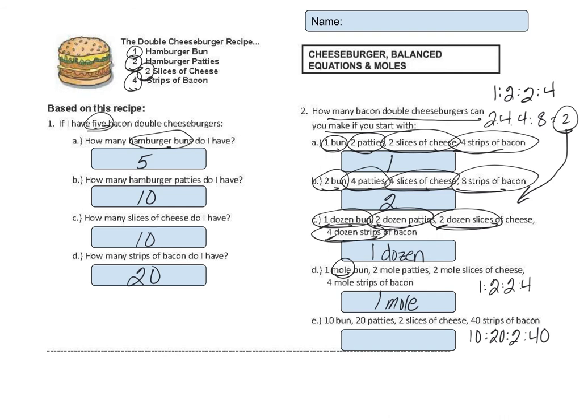Now remember, the ratio has to stay the same. So could I make 10 burgers? The answer is no, because this would have to be 20 in order to have 10 burgers. So we're limited by how many slices of cheese I have. Each burger needs 2 slices of cheese, so I can only make 1 burger.